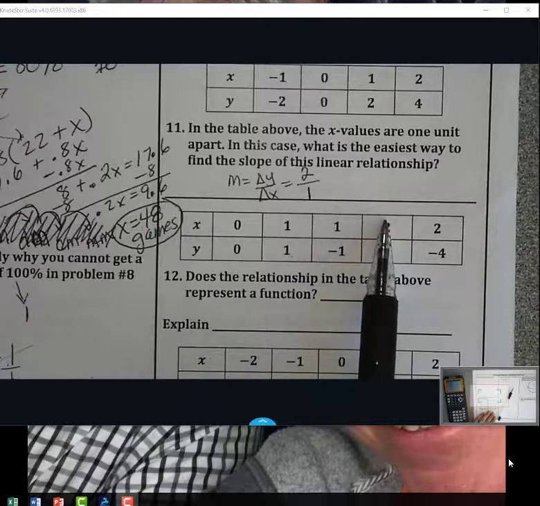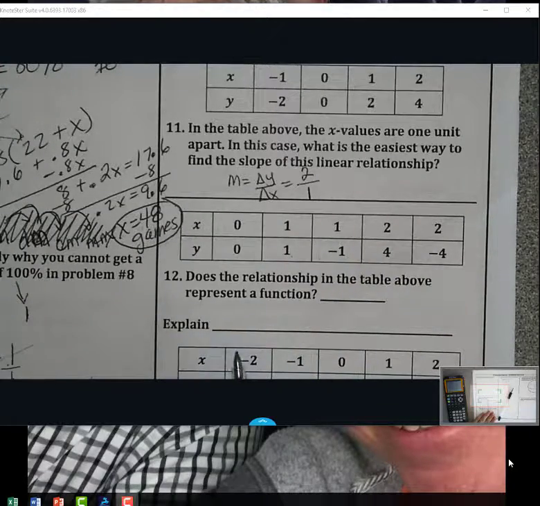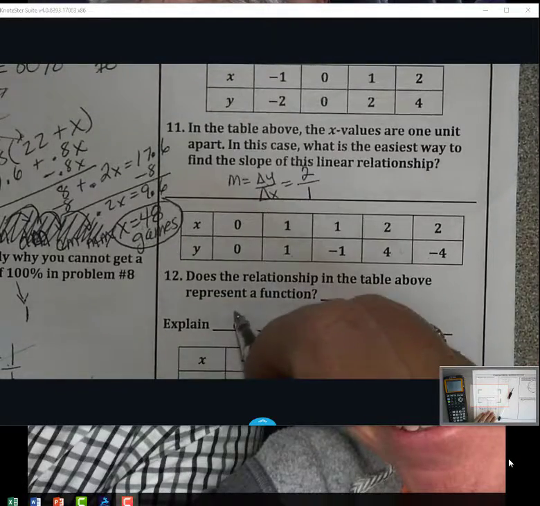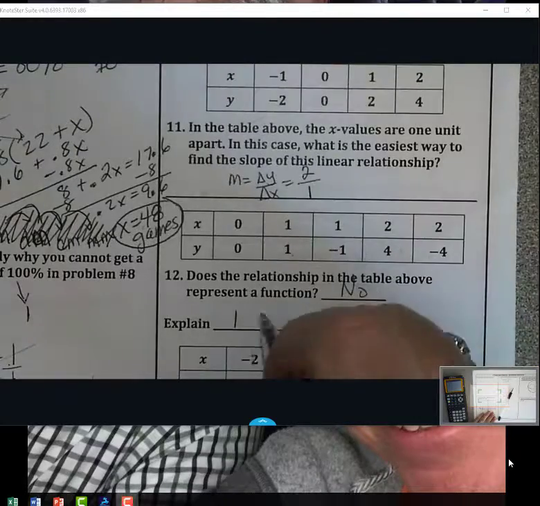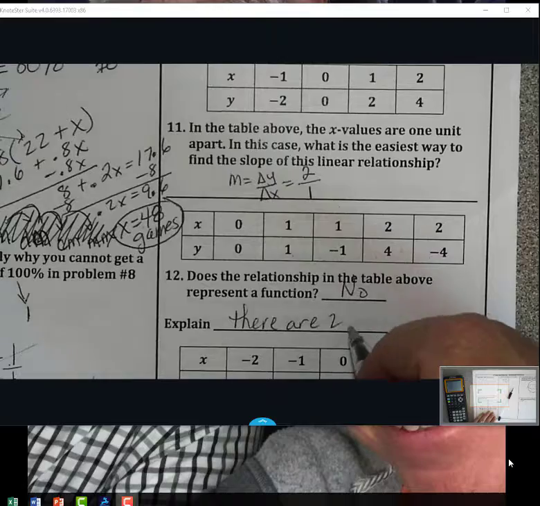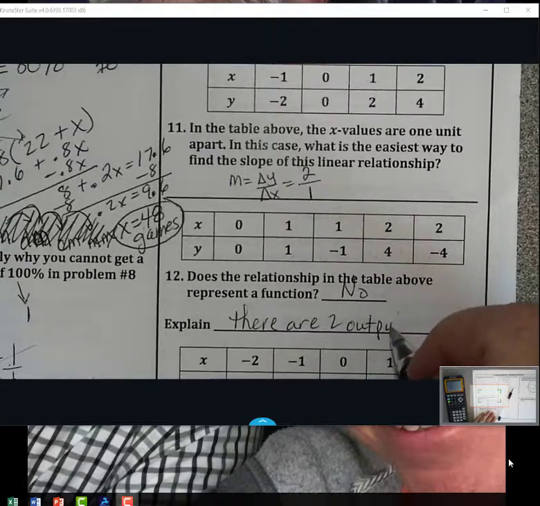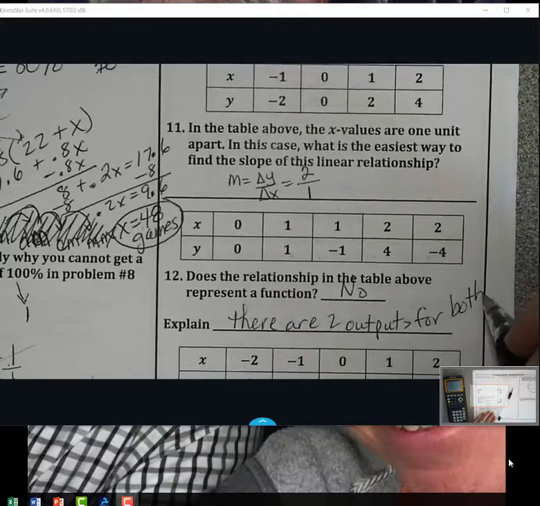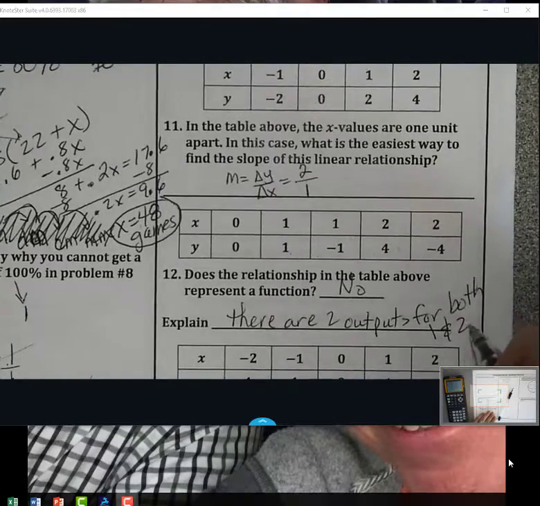This input of 2 has 2 different outputs. Therefore, it does not satisfy the definition of a function. No. There are 2 outputs for both 1 and 2.